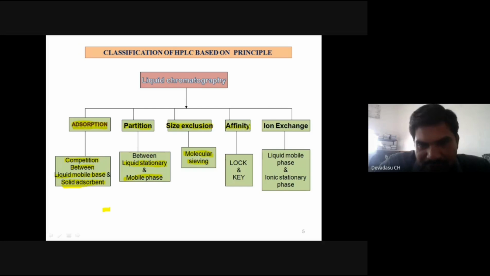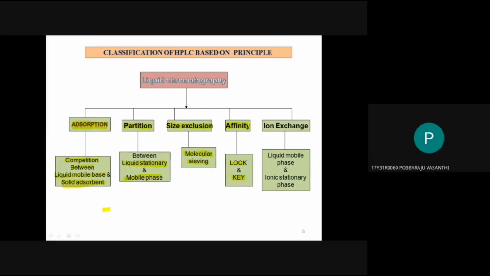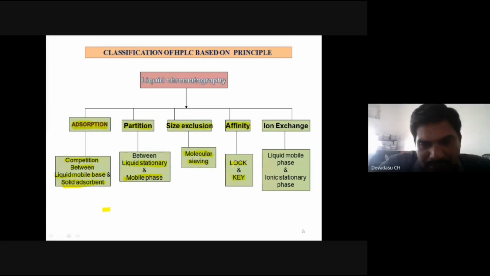And affinity HPLC, which is much similar to our lock and key mechanism, which is prevalent in biological systems, especially the drug and the receptor, or the enzyme and substrate. So affinity chromatography is much similar to a lock and key mechanism.